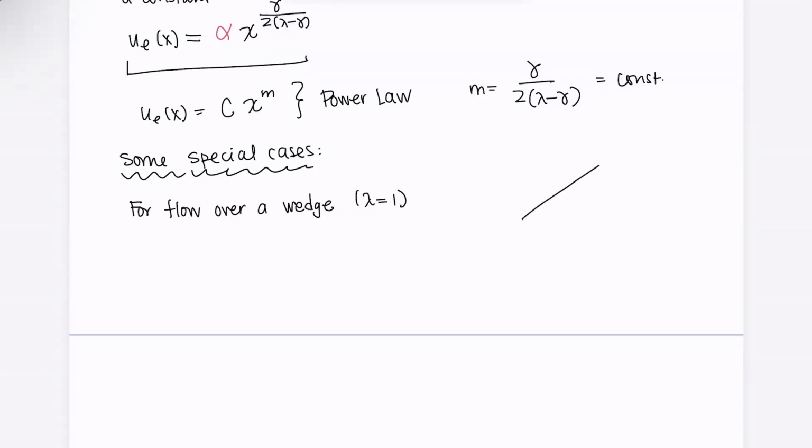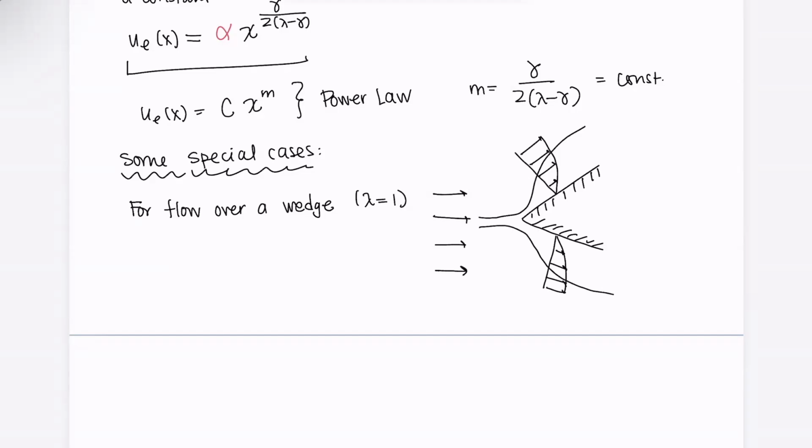Flow over a wedge is just like how it sounds. Essentially we have our wedge, and then we have incoming flow like so. And our boundary layer will look like this, and like this. And so we end up with a boundary layer like that, kind of.